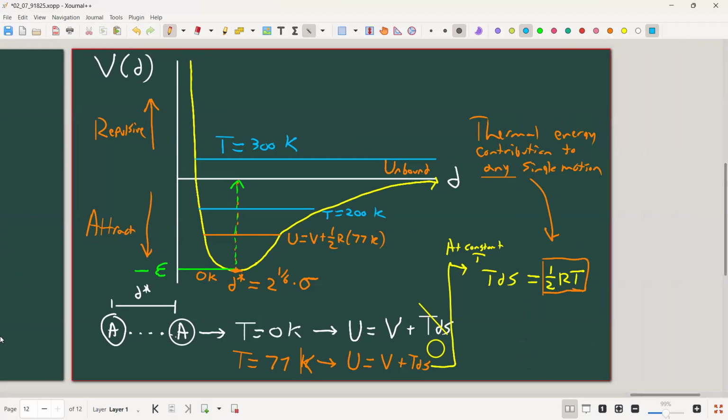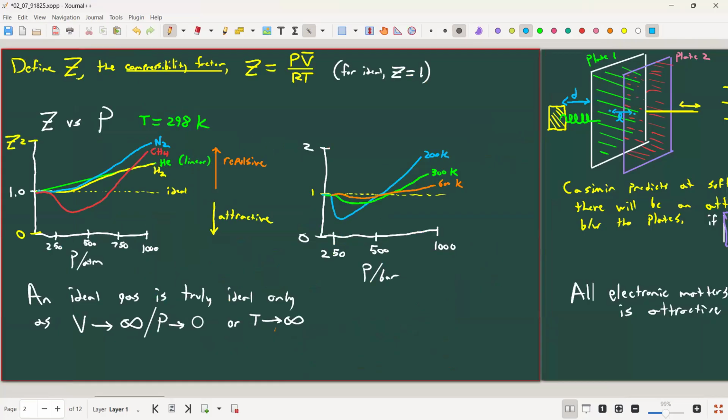So when we go back to that slide, page 2, and we look at the deviations, methane at 200 Kelvin, the average thermal energy is below that dissociation limit. So if the molecules are reasonably close together, they find each other, there's a high probability they'll stick together.